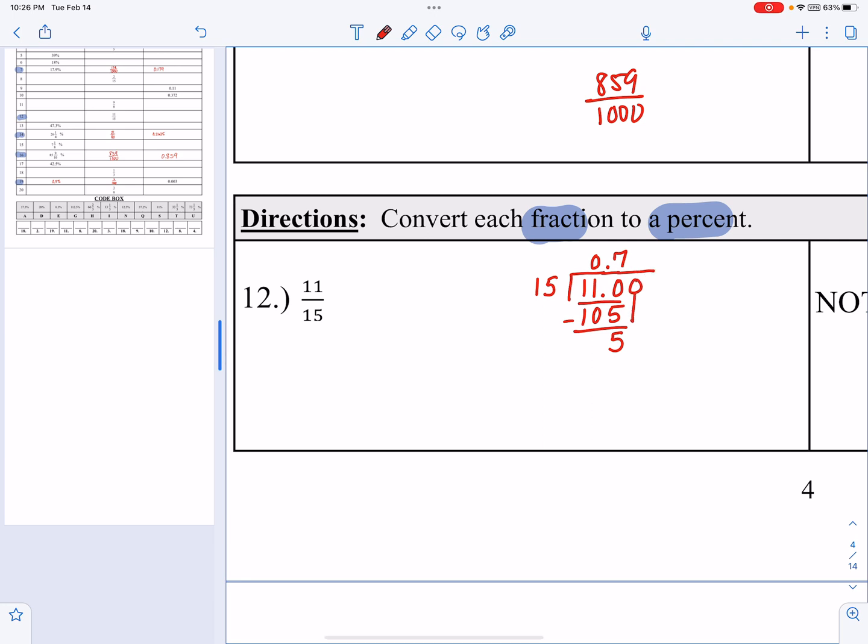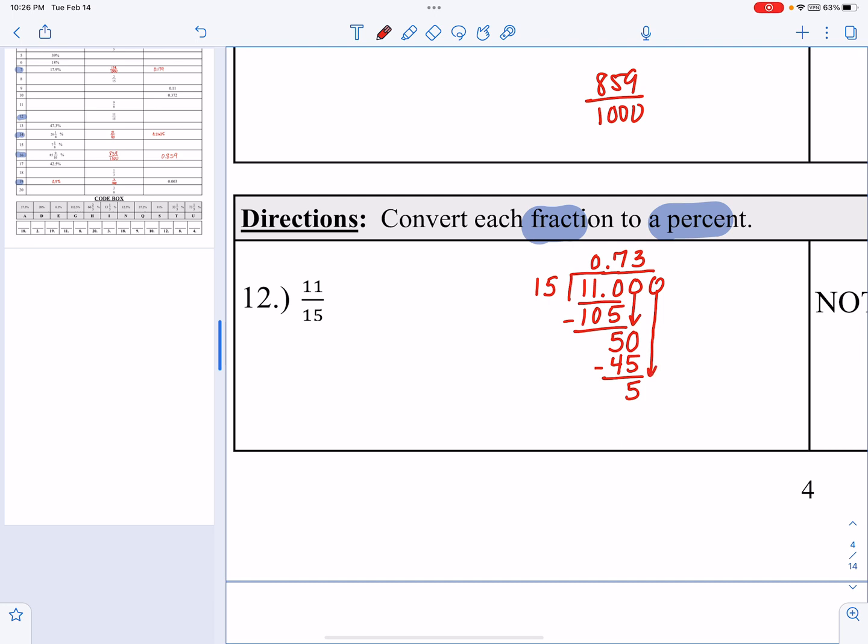Bring down my next number. So that gives us 50. Again, 15 times 2 is 30, plus another 15 would be times 3. That gets me 45. So let's go ahead and do 15 times 3 is 45, which leaves us with a 5.